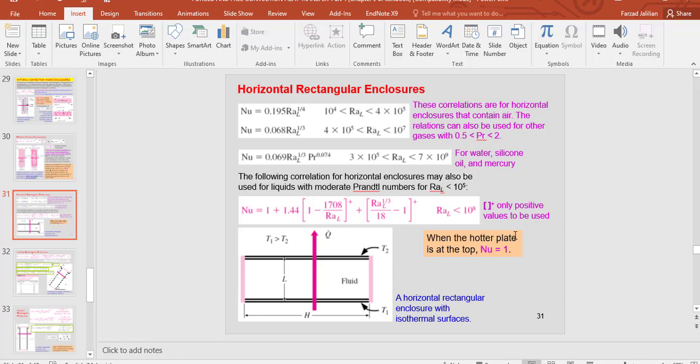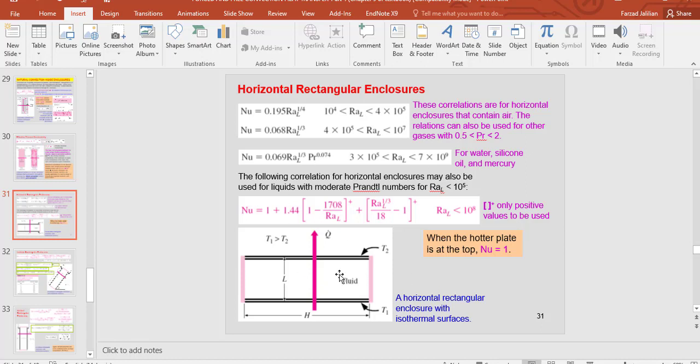When the hotter plate is at the top, in other words, T2 is higher than T1, the opposite of this, the Nusselt number is 1. Why is it 1? Because we don't have any fluid motion actually. Then we don't have any convection heat transfer, and all of the heat transfer is by conduction.